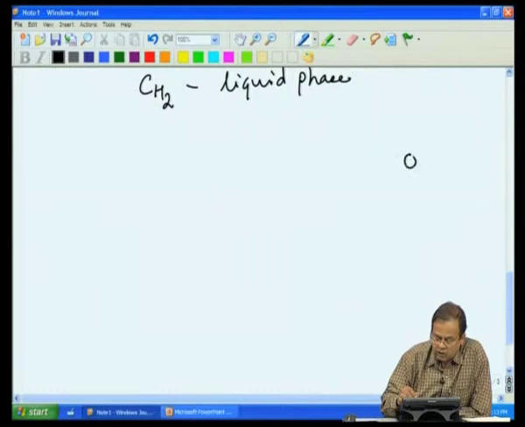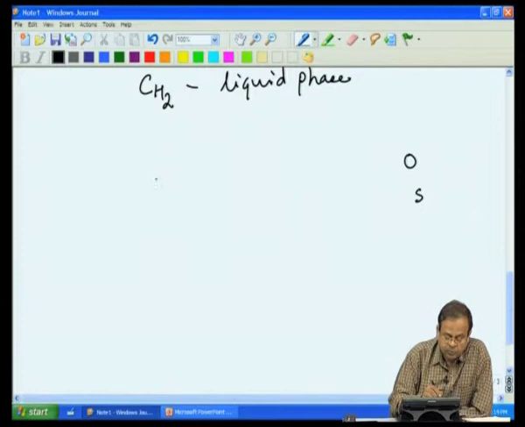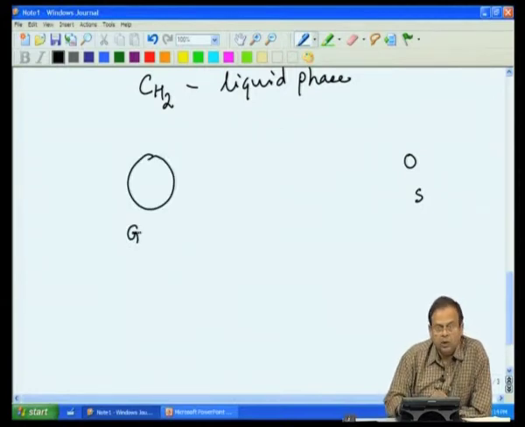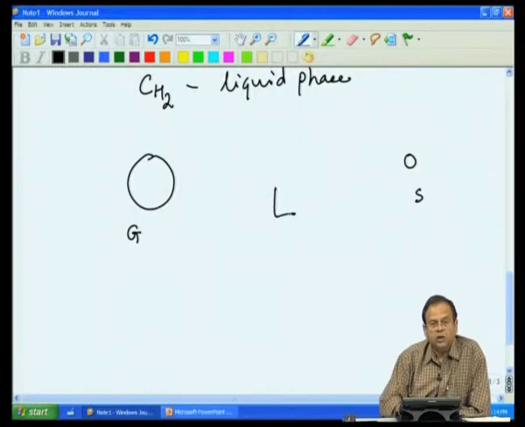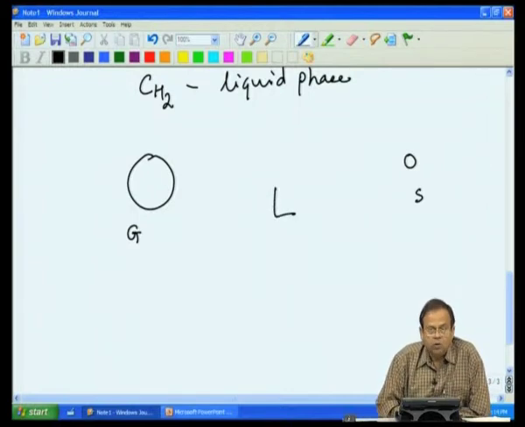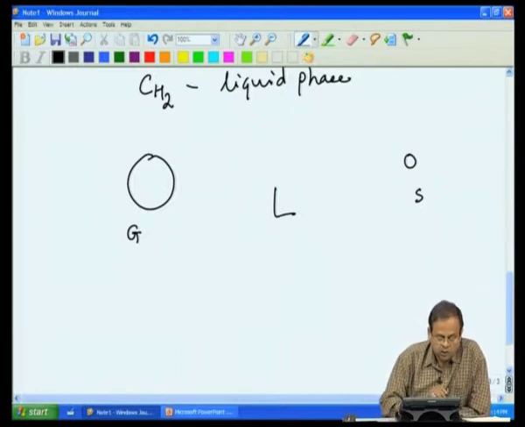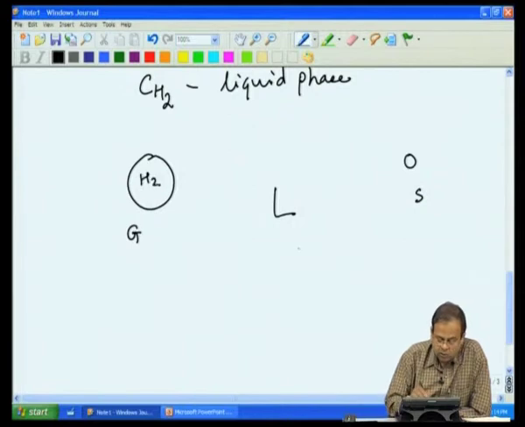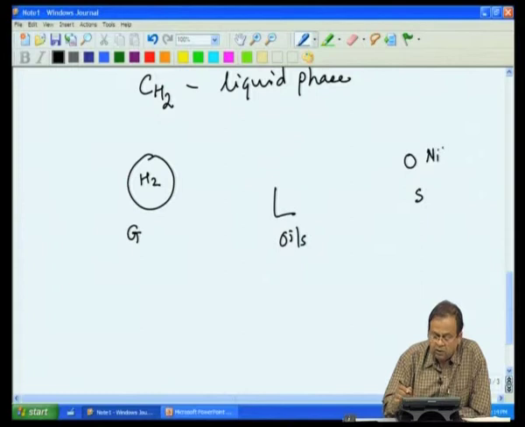So, here is my solid catalyst, nickel catalyst, here is my gas phase, and separating the two is the liquid. Now for this reaction to take place, the following things must happen. Hydrogen is over here, my oils are over here, and this is my nickel catalyst. So, the reaction has to occur by interaction with the catalyst.